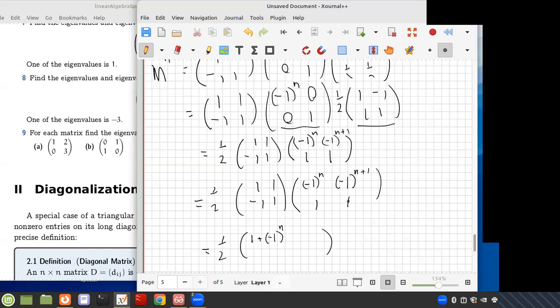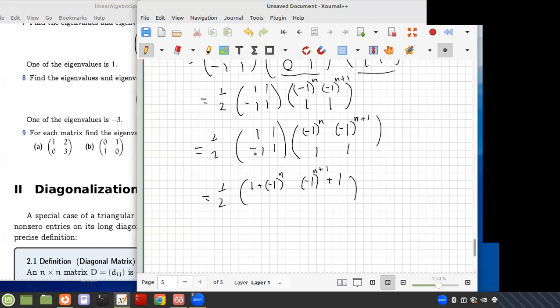Okay, the first row times the second column is going to be 1 times (-1)^(n+1) plus 1. So that will be (-1)^(n+1) plus 1, because it's 1 times (-1)^(n+1) plus 1 times 1. And the second row will be -1 times this, which will be (-1)^(n+1) plus 1. Okay.